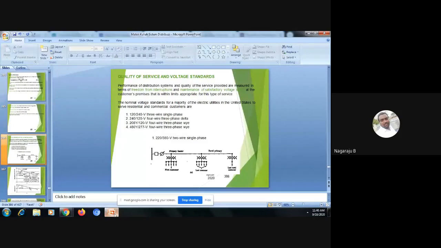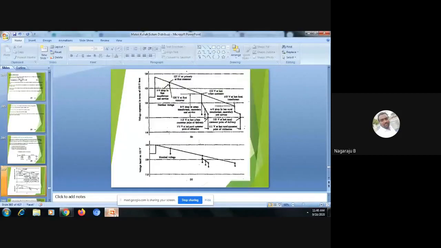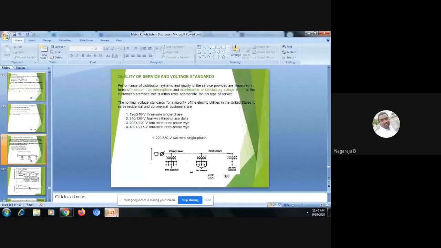Then you have 480Y/277 volts, 4-wire 3 phase system. Like this you have the systems. This is about the 220 by 380, two wire single phase system.